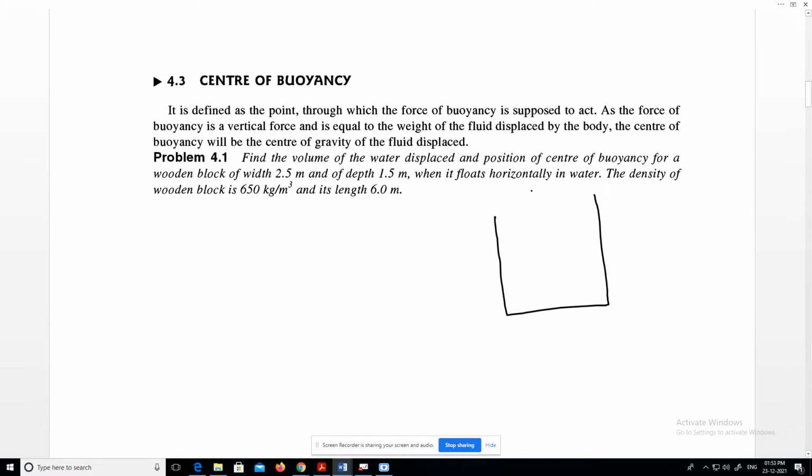it's a vessel, and we are putting one rectangular object inside the water. This is the wood.